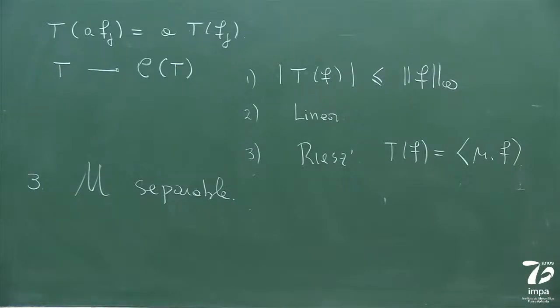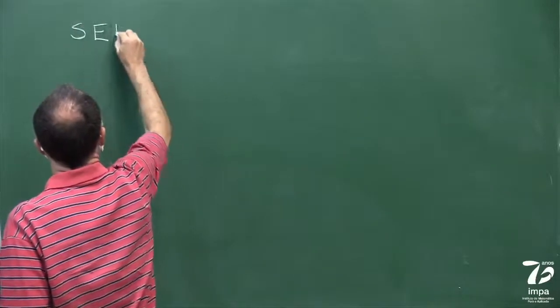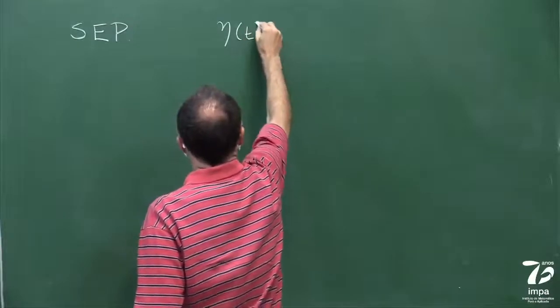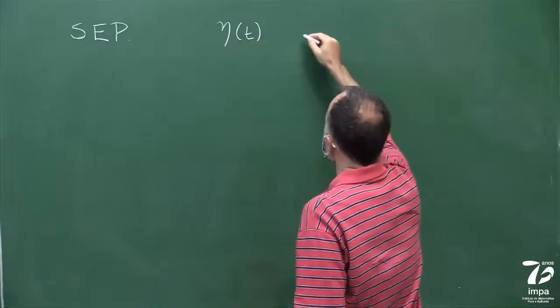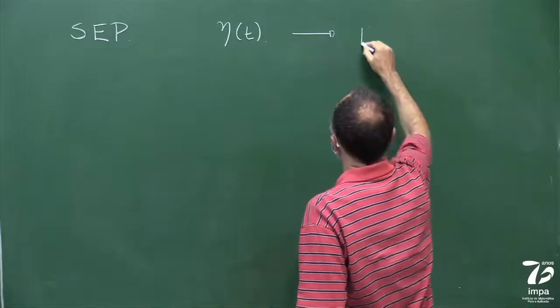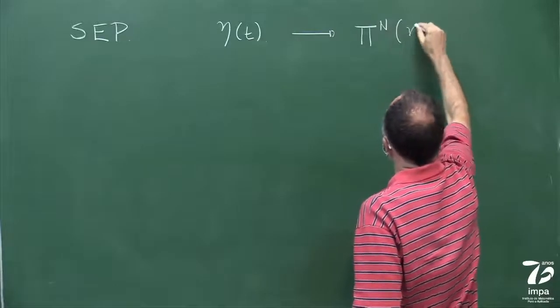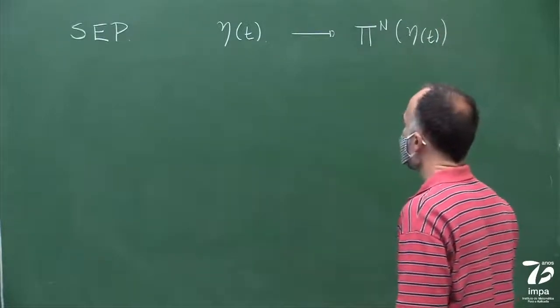Now, I have my symmetric exclusion process, eta t. And from this, I can define this empirical measure of eta t. Okay.